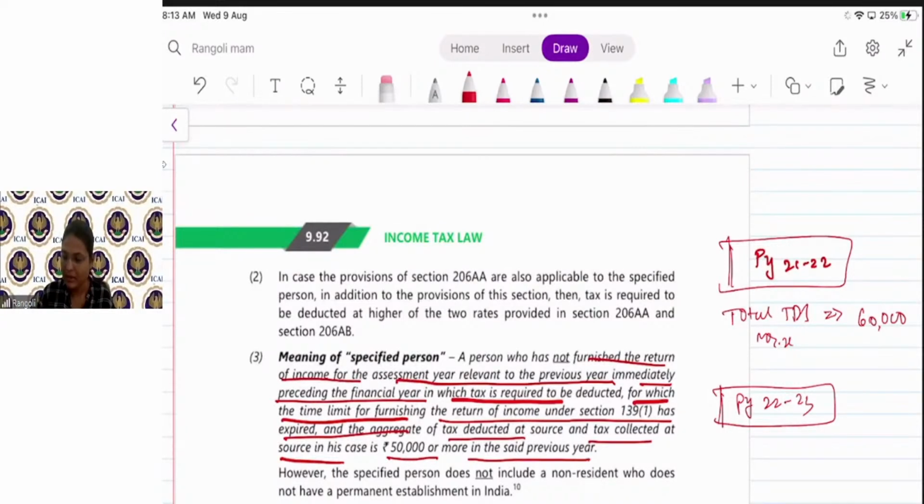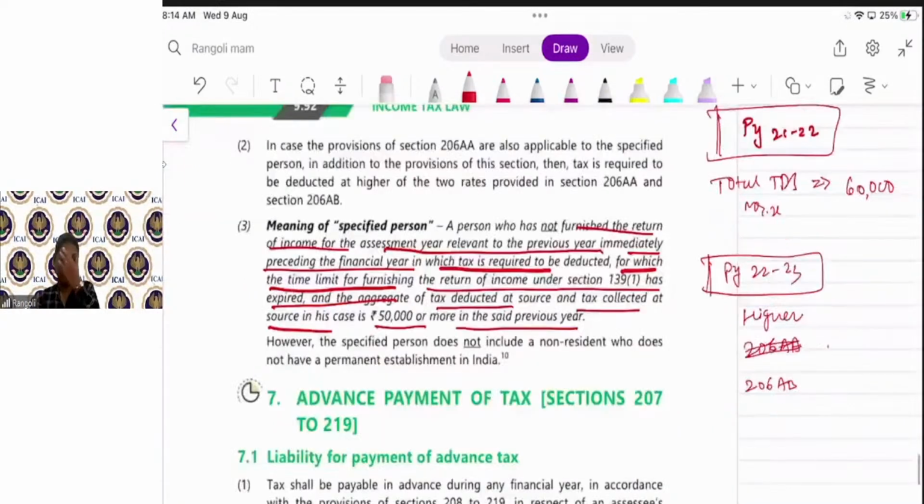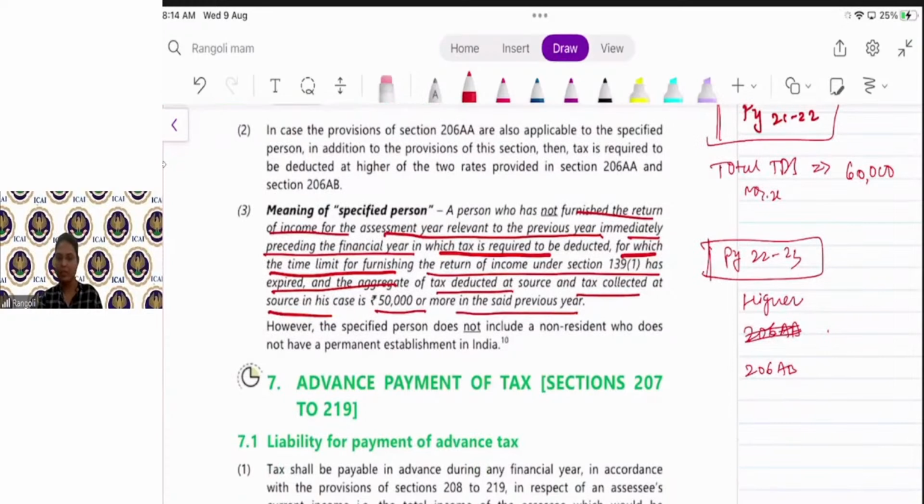Say for example, Mr. X has provided his PAN to payer and TDS is required to be deducted under section 194J. Now, normally TDS is required to be deducted at 10% under 194J, right?